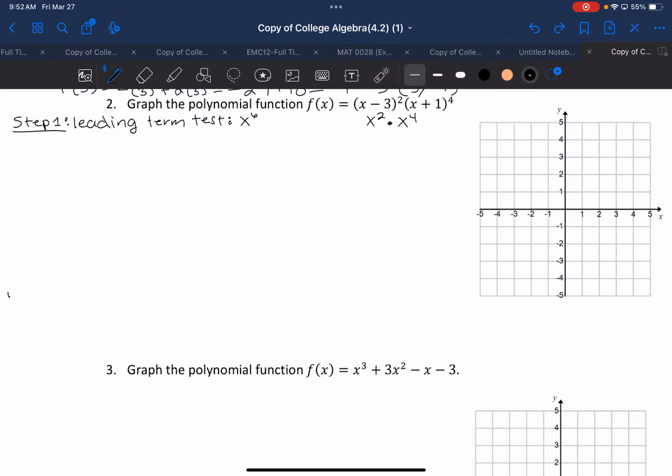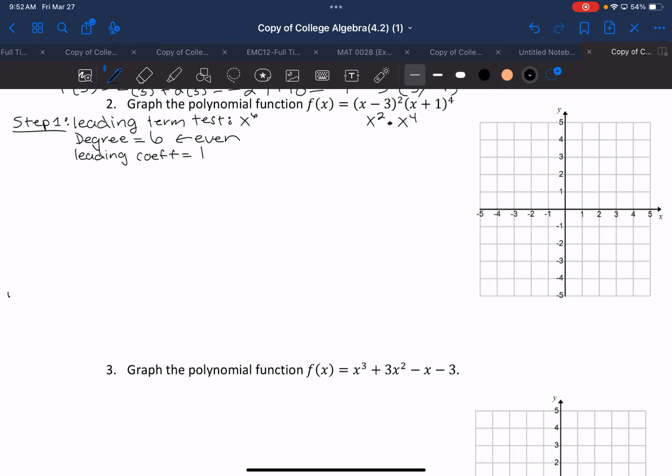Okay, so my degree would be 6. That would be the largest exponent of this polynomial if I multiplied them all out. And then the leading coefficient is just positive 1. So the degree is even, which means my end behavior is doing the same thing.